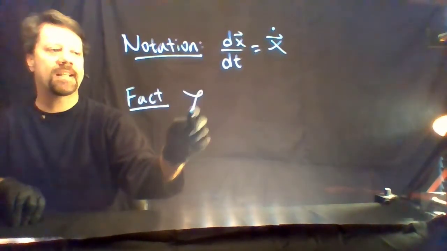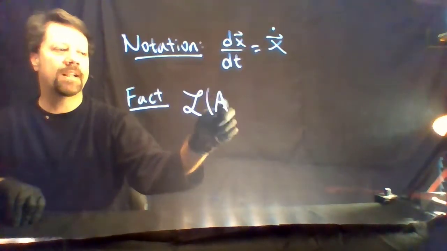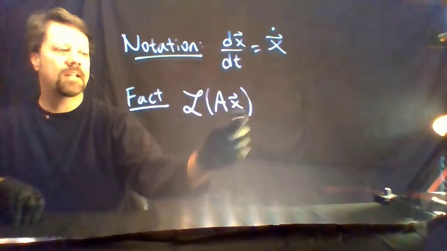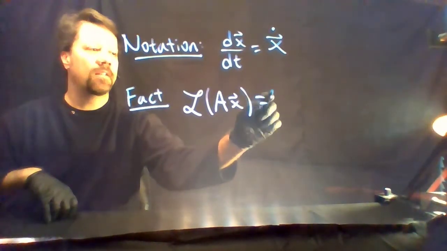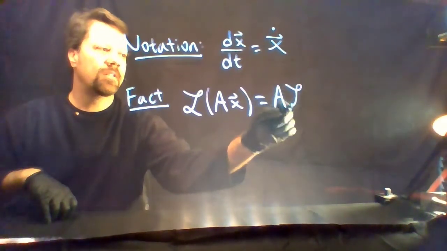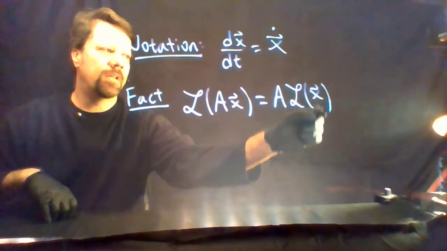Another fact you need to know is that when we take the Laplace transform of a matrix times a function, that's going to be the matrix times the Laplace transform of the function.